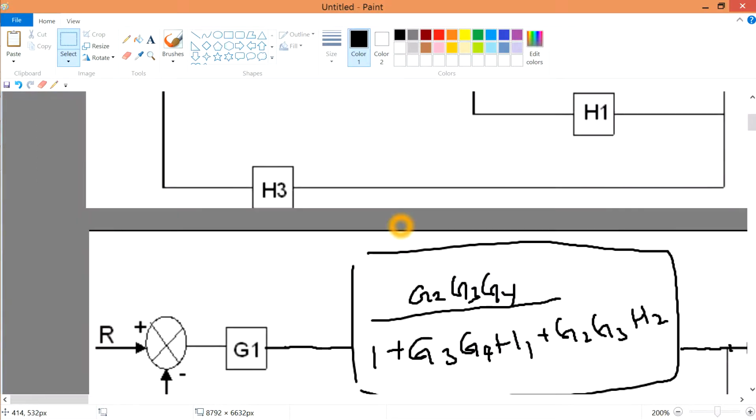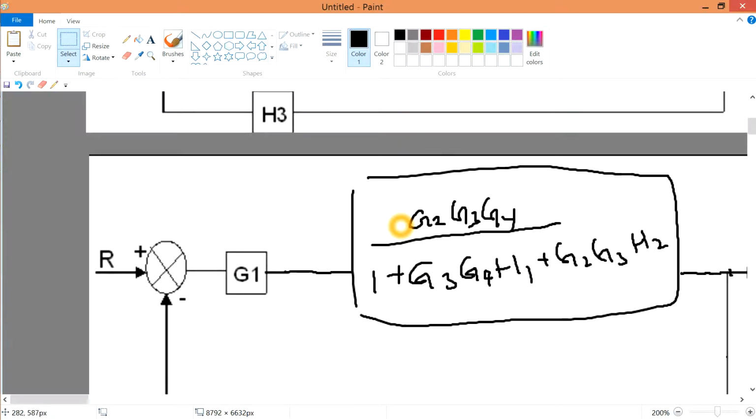Alright, and just now this is G1, I just multiply it in, right? And therefore if I multiply it in, I'm expanding all this stuff, I have G1 over here. Alright, and just cancelling this off. I'm just multiplying the block diagram.